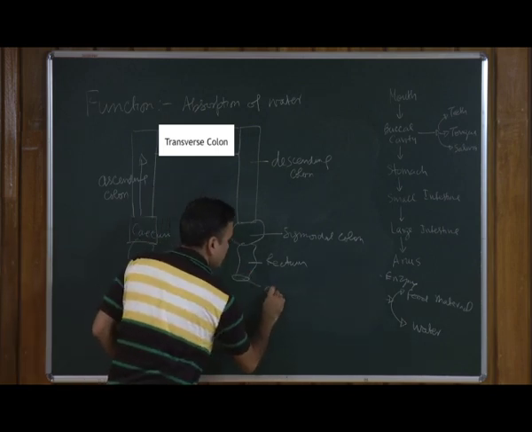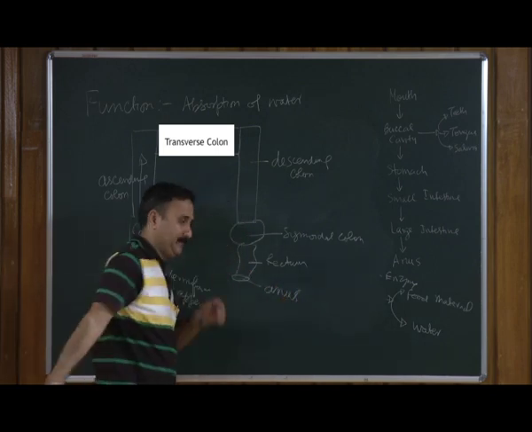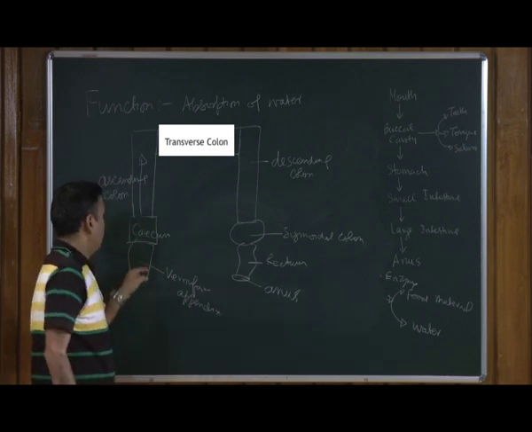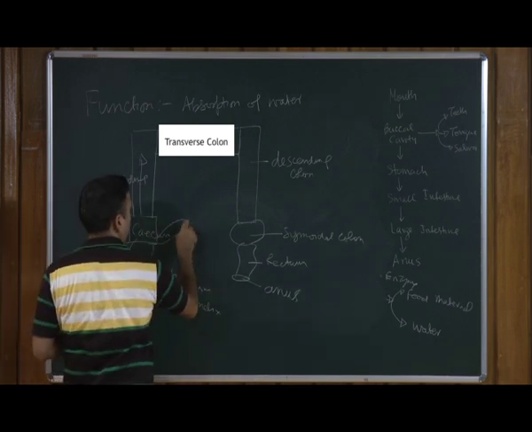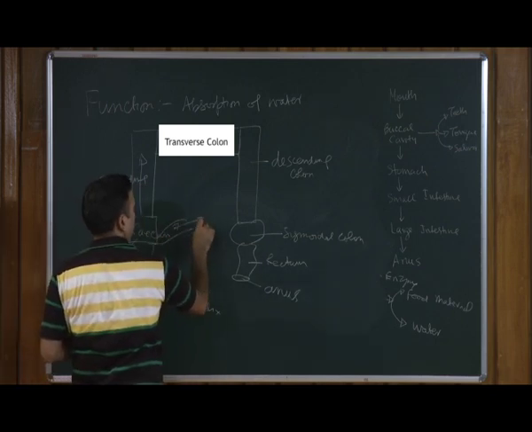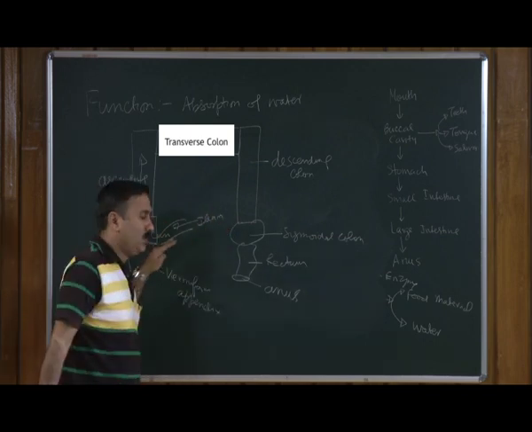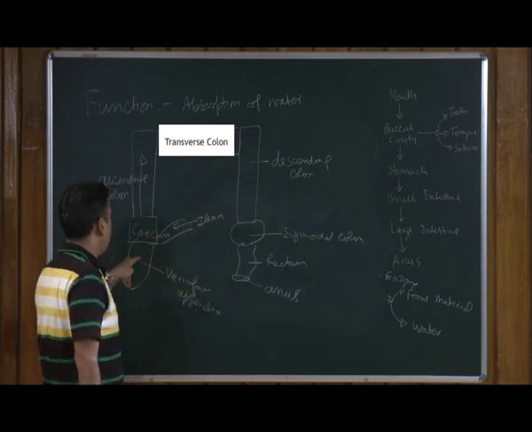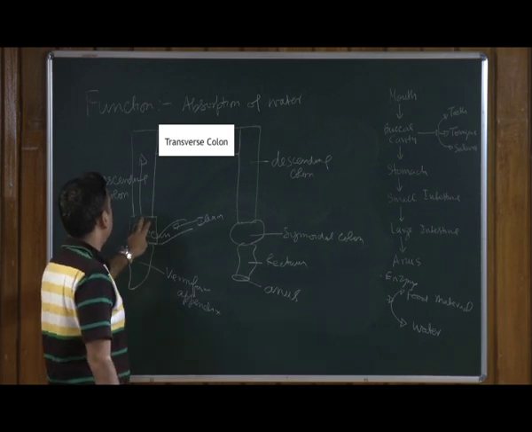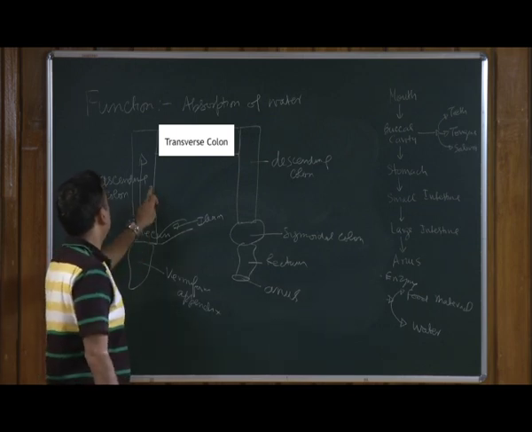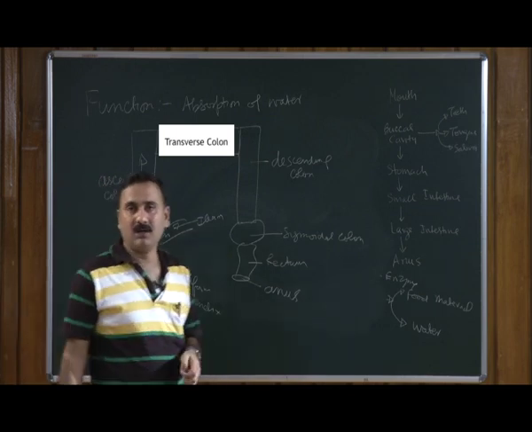And here from this side this is the ileum. From this side you are getting the food material that enters into the cecum, and from the cecum it enters into the ascending colon.